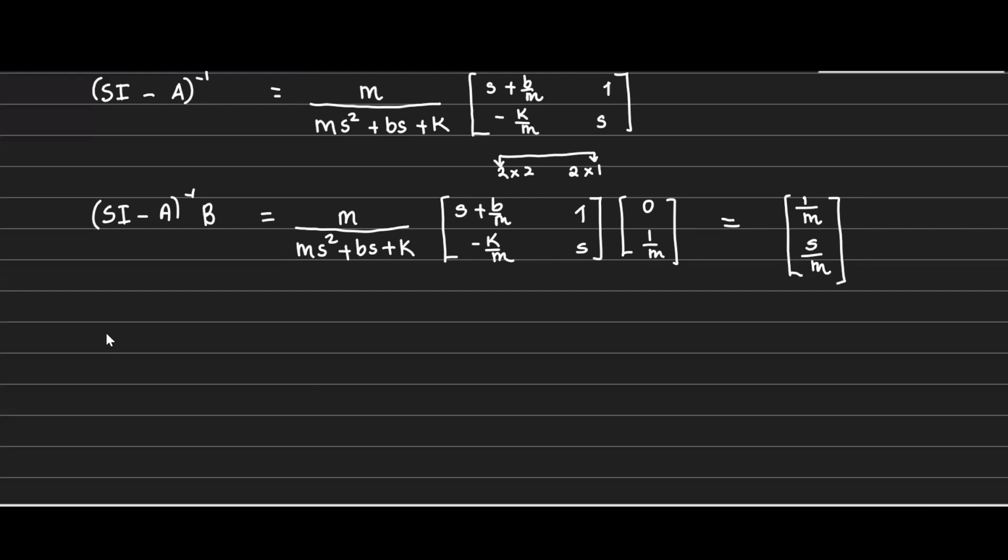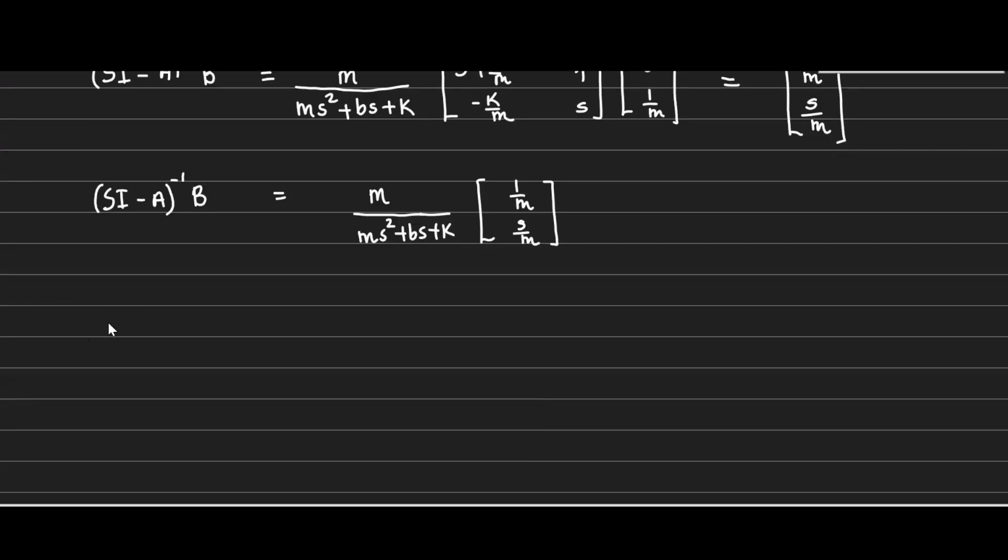So sI minus A inverse times B is simply equal to M divided by M S squared plus B S plus K, and then multiplied by the matrix 1 over M and then S over M. Now we multiply by matrix C. So let us include matrix C: C times sI minus A inverse times B. Matrix C, remember, is 1, 0.